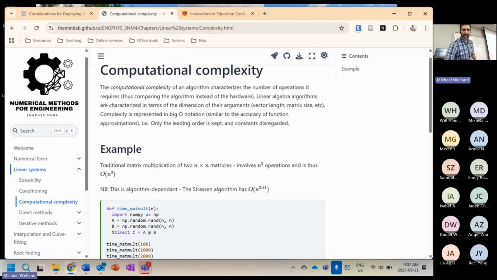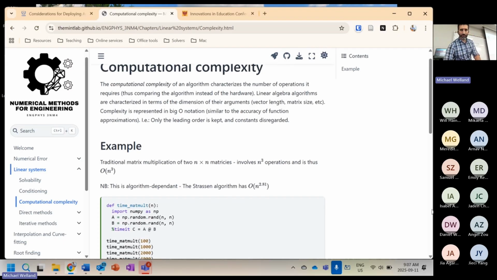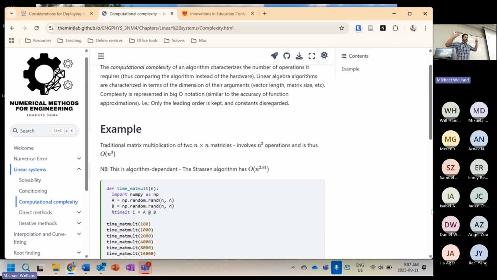Okay. All right. Because we're interested in the dimensionality, we're not interested in the magnitude of these things. We want to know how this algorithm changes if we give our linear system 10 unknowns or 100 unknowns or 1,000 unknowns. How much longer does the computer take to crunch through this?